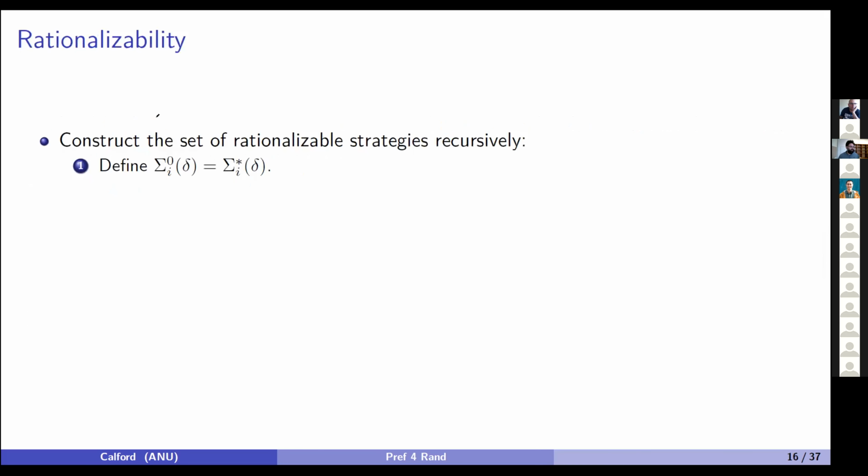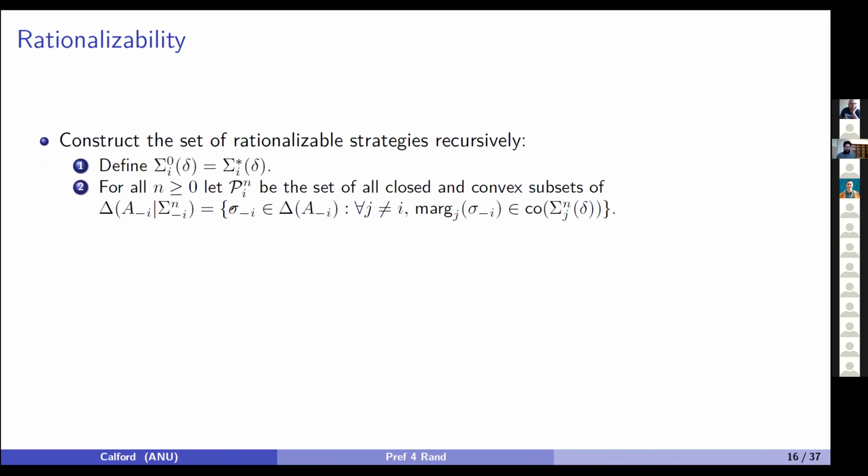And then we can construct the set of rationalizable strategies recursively. We'll take the first step to be the set of justifiable strategies. Then we need to construct the set of beliefs I might hold about my opponent when I assume my opponent is only going to use a justifiable strategy. So this is essentially the set of all closed and convex subsets of the set of mixed strategies my opponent might use.